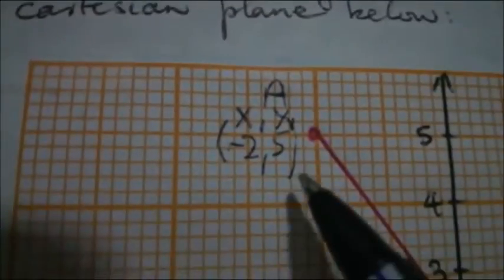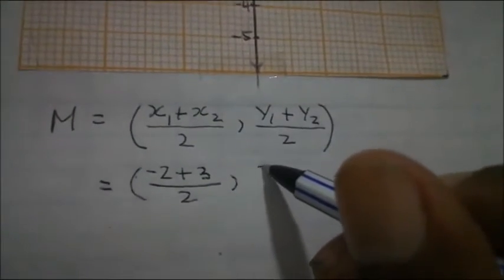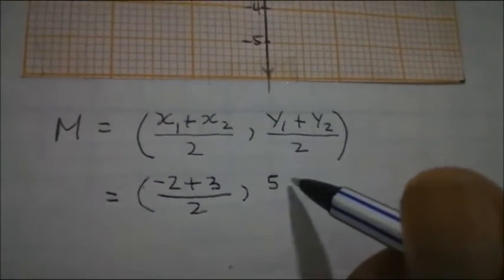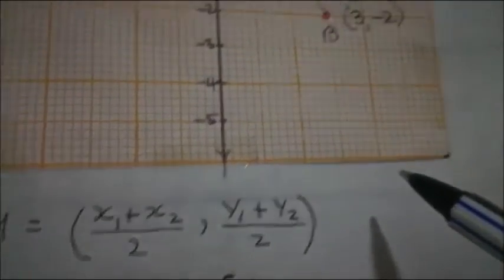Y now. y sub 1 is 5, and y sub 2 is minus 2.